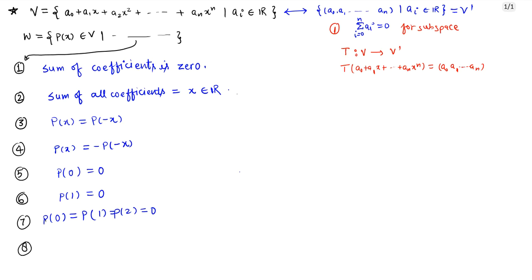Similarly, in general, p of alpha is equal to 0 and alpha comes from any real number, or alpha comes from field. So this is also a subspace. तो यहाँ तक किसी को इशू है?